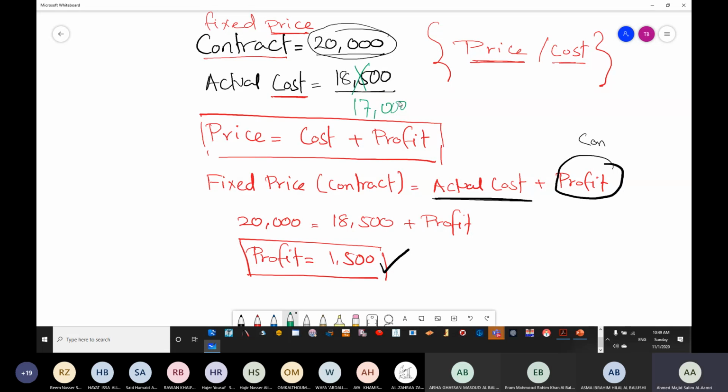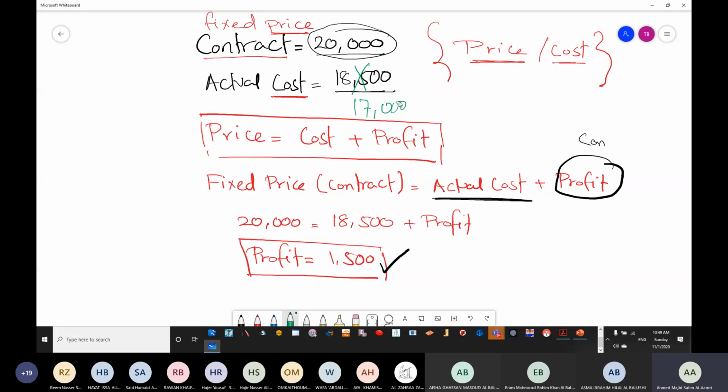Same, right? It's going to be 20,000. Now was this 20,000 known before or will it be known after? It was known before, when I signed the contract, right?